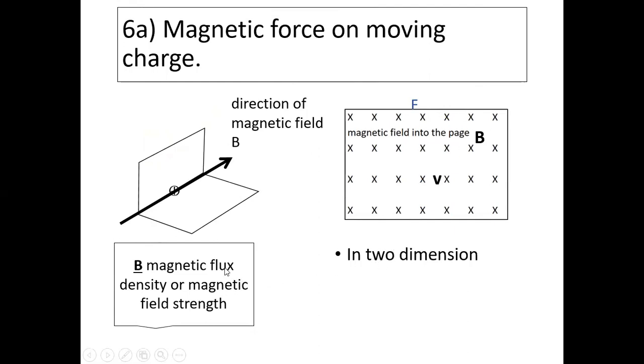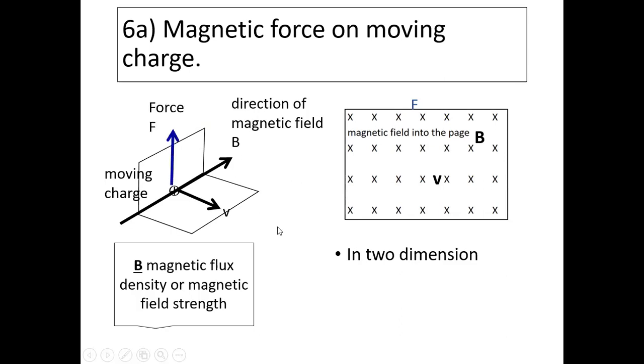We introduce a new term, B, for the field. It's called magnetic flux density or magnetic field strength. Americans tend to call it magnetic field, but it's a vector quantity. And there's a moving charge there, a positive charge, moving to the right if B is going in.